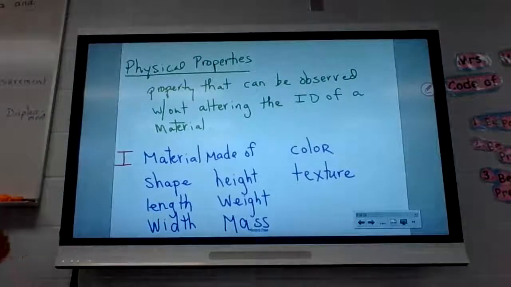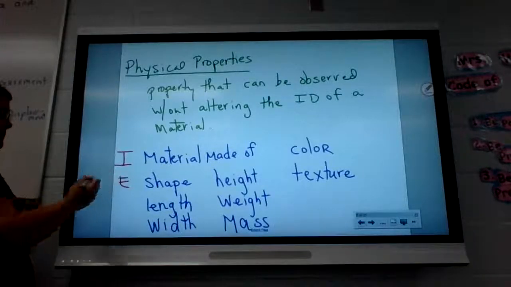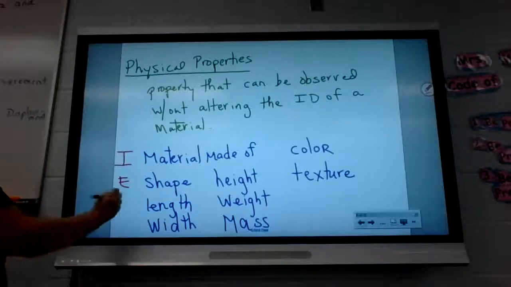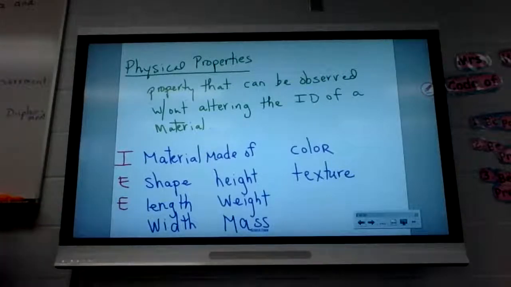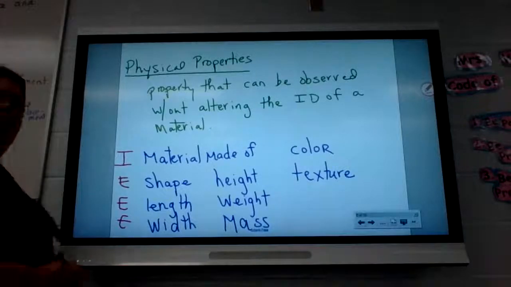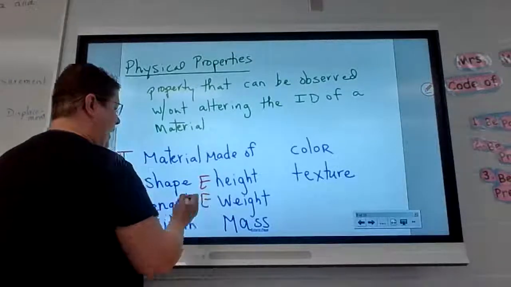Will its shape be the same? No. That's extensive. Will its length be the same? That's extensive. Will its width be the same? Will its height be the same? Will its weight be the same? Will its mass be the same?